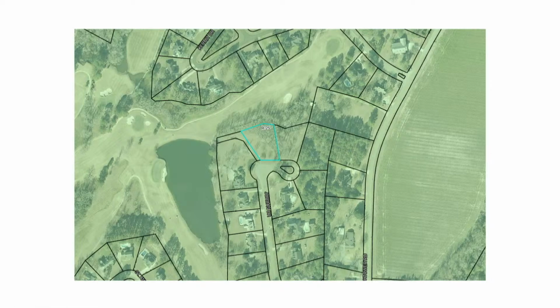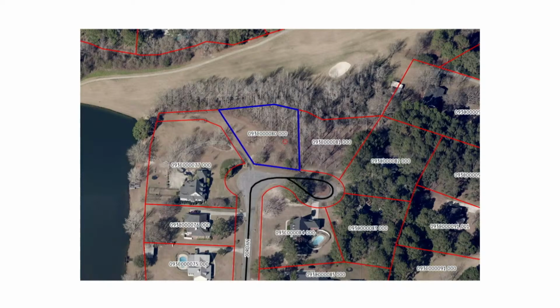It was about 10 feet off, and so really the only recourse that the applicant has is to seek a variance. Going through this process, your decision is based on the appeal of Planning and Zoning's decision.